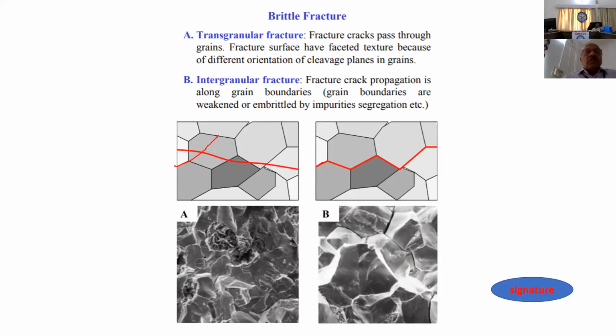So if you look in the SEM at an impact test sample, you may see either a case of transgranular fracture, or you may see a case of intergranular fracture, where the crack has propagated along the grain boundaries. So you can see each of these grains very clearly and its faces. And during failure analysis, if you are seeing this kind of a fracture surface, then it is quite possible that failure has happened due to impact.